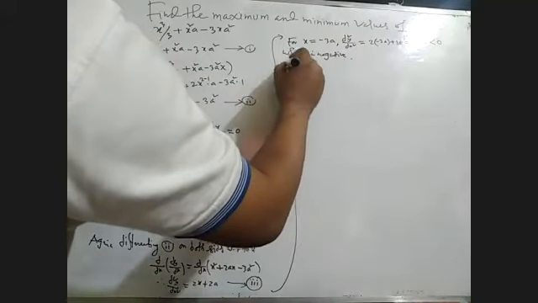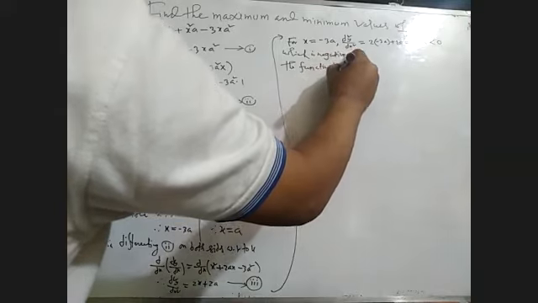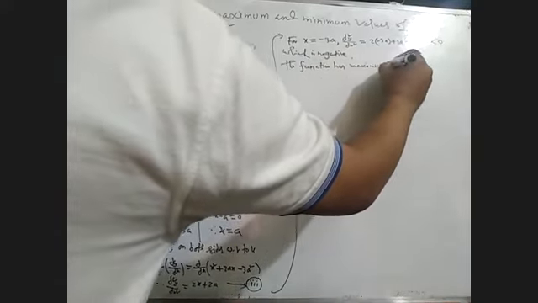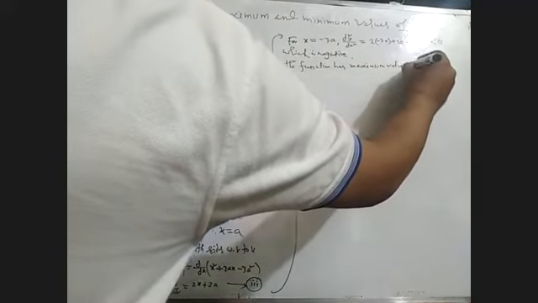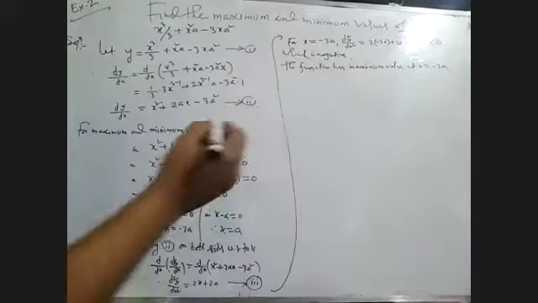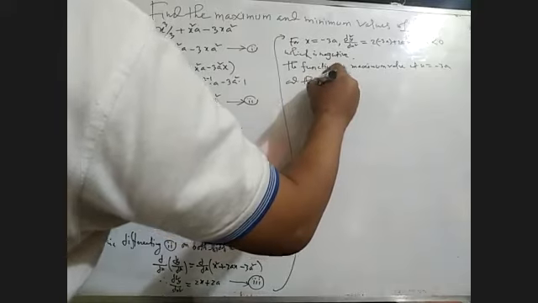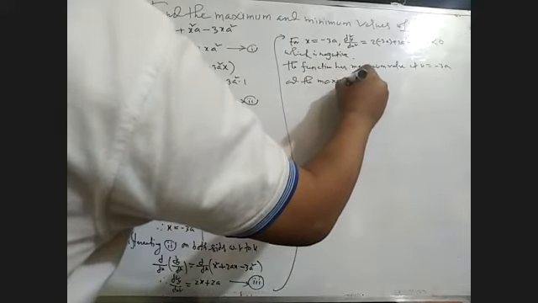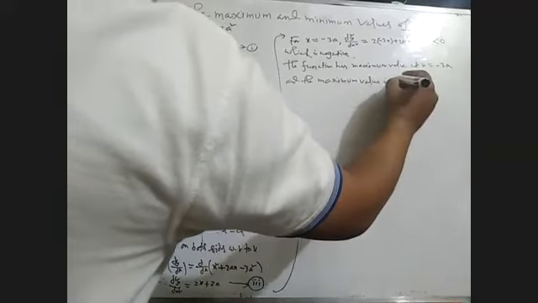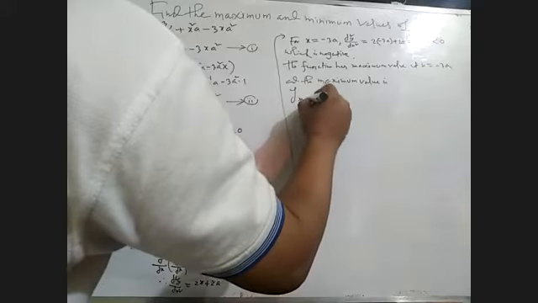Therefore, the function has maximum value at x equals to minus thrice a. And the maximum value is y max.